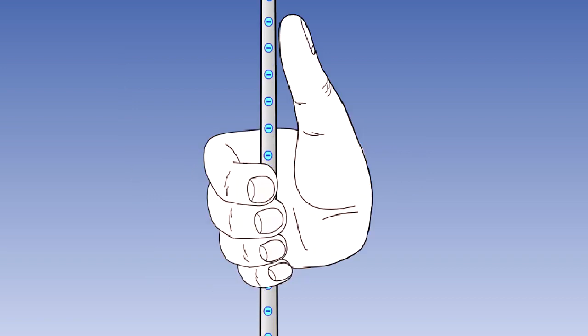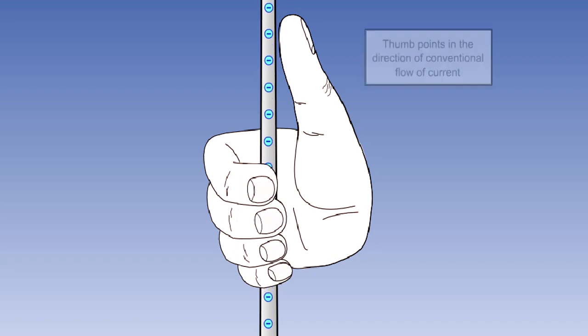A good technique to predict the direction of the magnetic field around a wire is to point the thumb of your right hand along the wire in the direction of the conventional flow of current. Remember, that is the opposite direction to the electron flow.